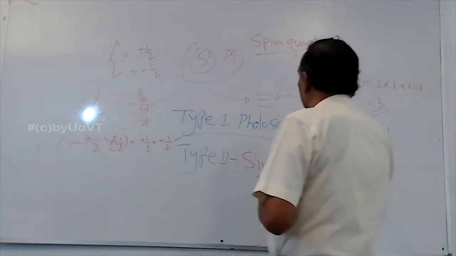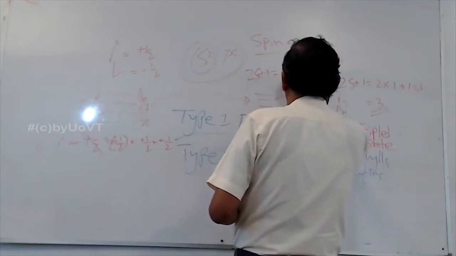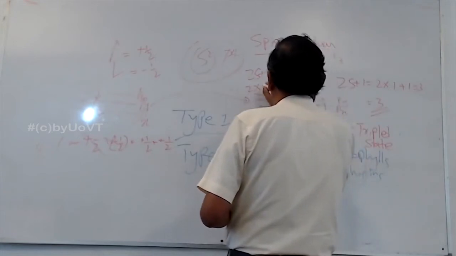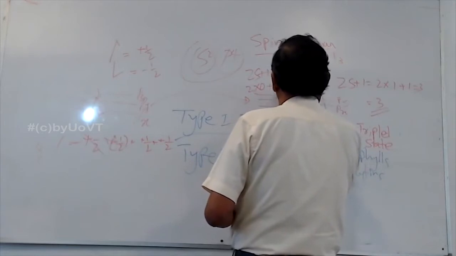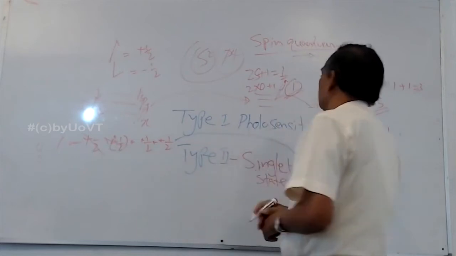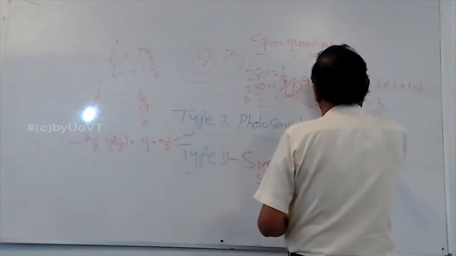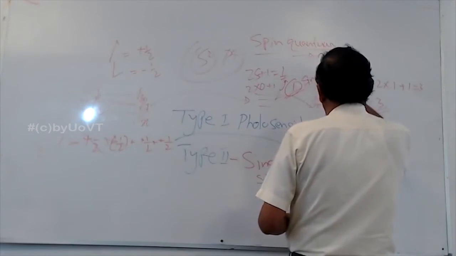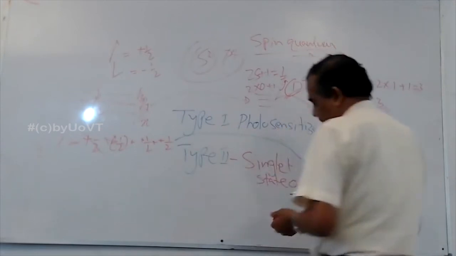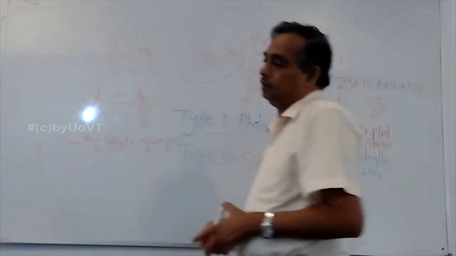Therefore, 2S plus 1 equals 1, because here S is 0. The answer is 1. So this is the singlet state.